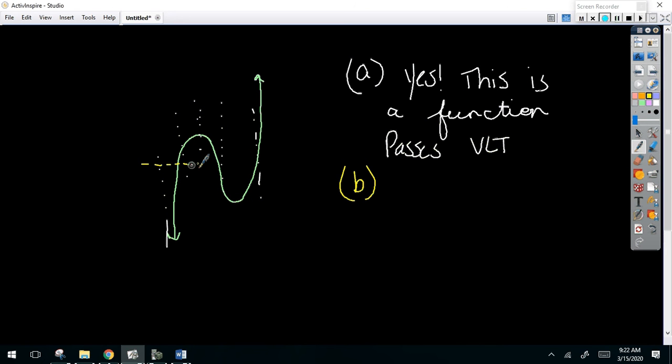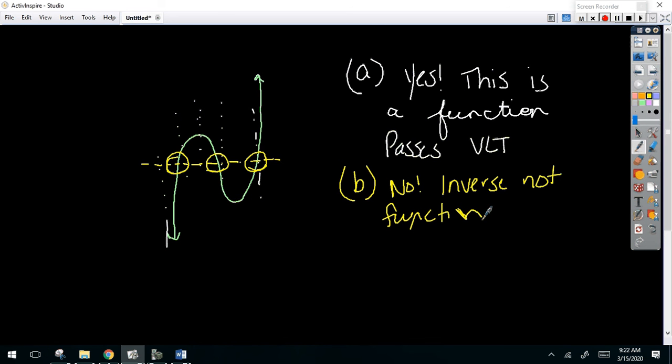I could draw a horizontal line right here, and all of a sudden this horizontal line is going to hit 3 places. That means it fails that horizontal line test. So no, the inverse is not a function, and the reason is because it fails not the vertical line test, but the horizontal line test.